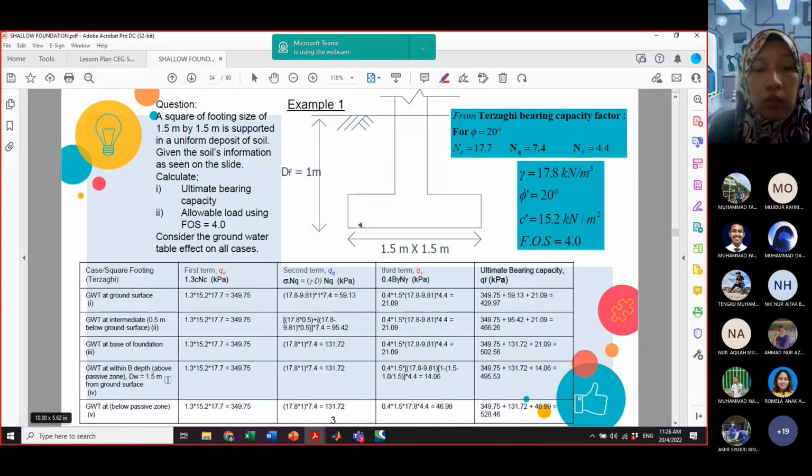Untuk case number 4, case number 4 ni sebabkan dia punya water table above the passive zone, so dia punya formula dia berbeza lah, and you have to get what is the DW sama dengan 1.5. DW ni adalah influence depth dia lah from the ground surface. DW pun dia ada cara lah macam mana nak kira.